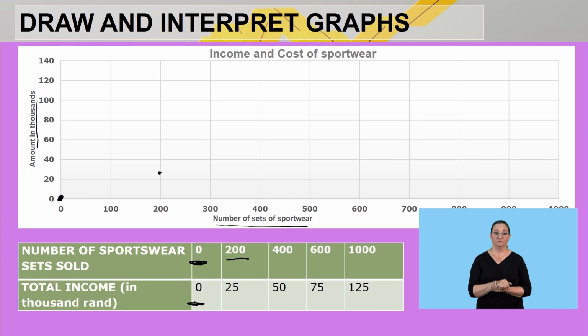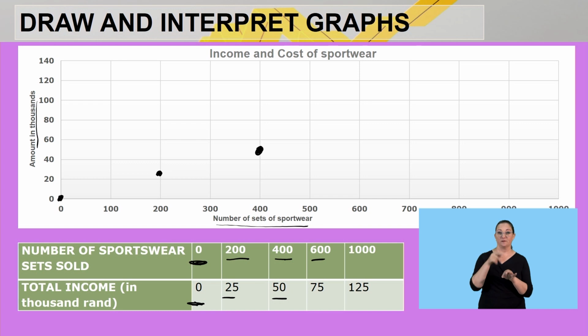So that is our point, 25,000. We move along to the third value, where it says 400. It means the income will be 50,000. So this is your 400, and the income will be 50,000. 50,000 should be between 60 and 40. Then you make your point there.